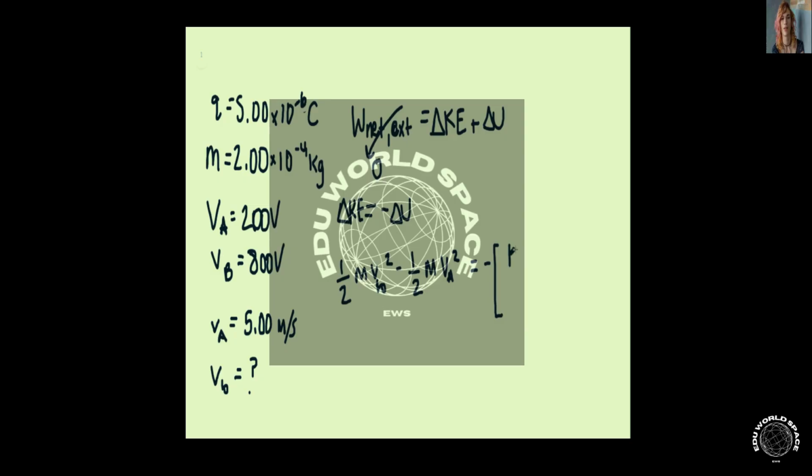So that's KQ divided by R final, minus the initial, KQ over R initial. And our goal is to solve for VB.